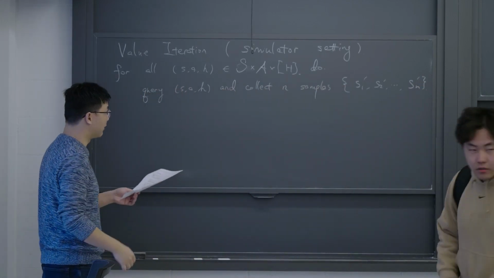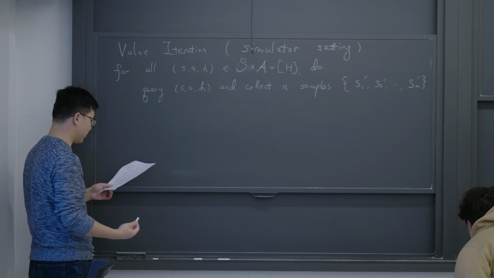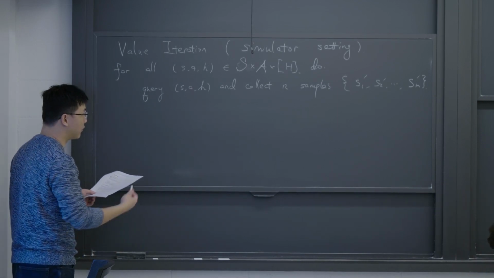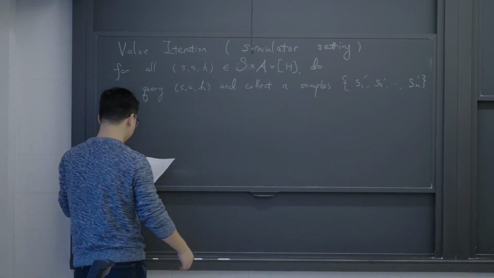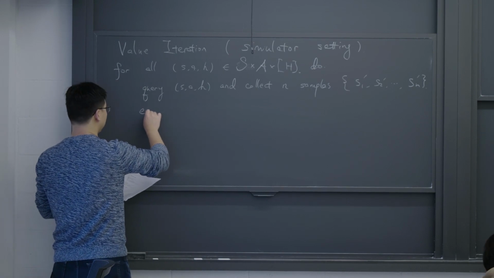And we will do a very simple estimation of the transition probability using the empirical frequency of how often some next state appears.